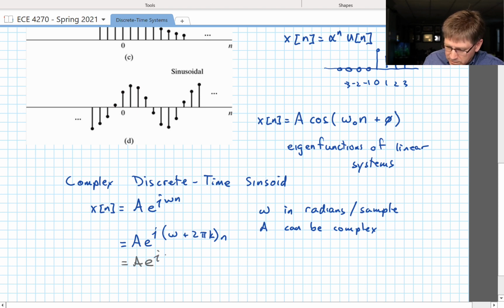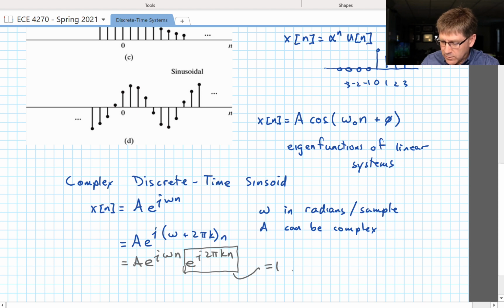So let me finish putting this out. Using just the laws of exponents, we get e to the j 2 pi k n, and I'm going to tell you right now that that is equal to 1 for integer values of k.